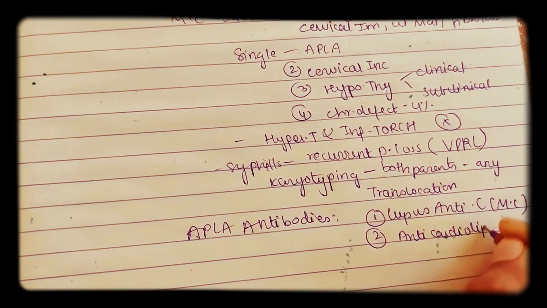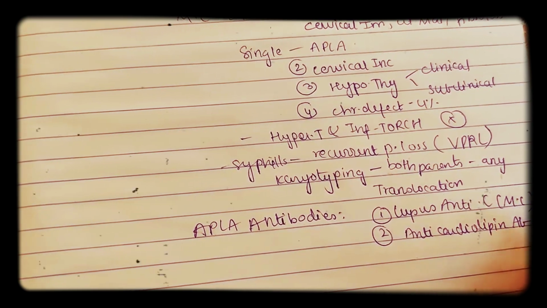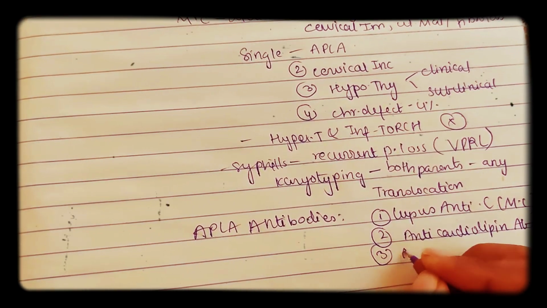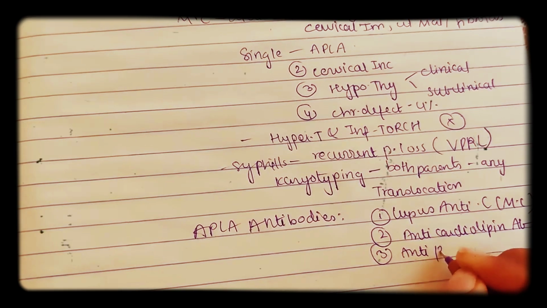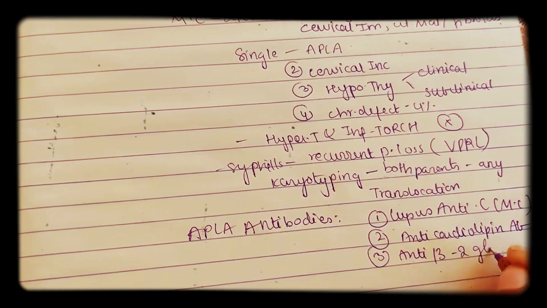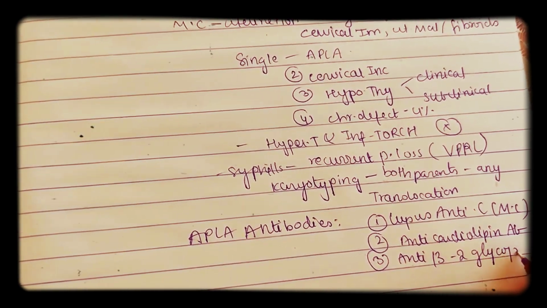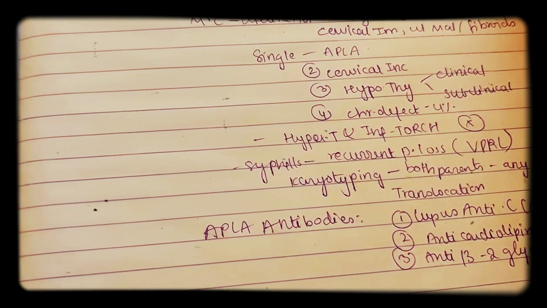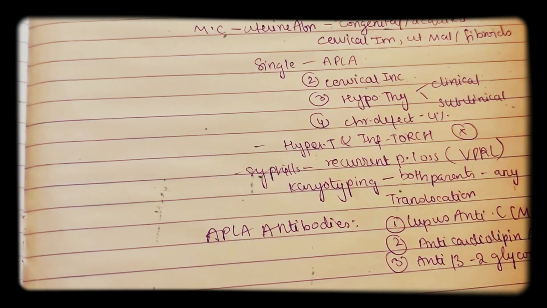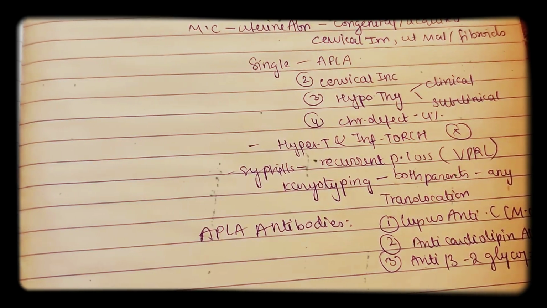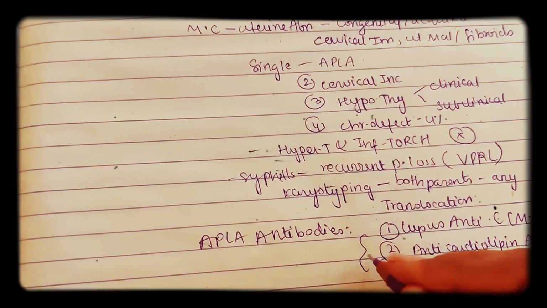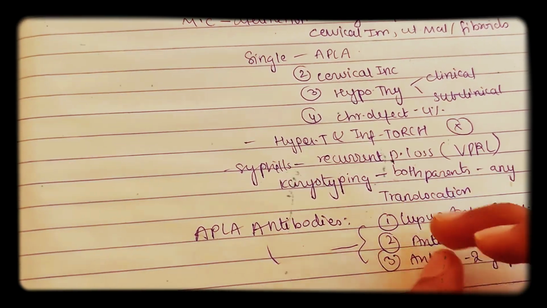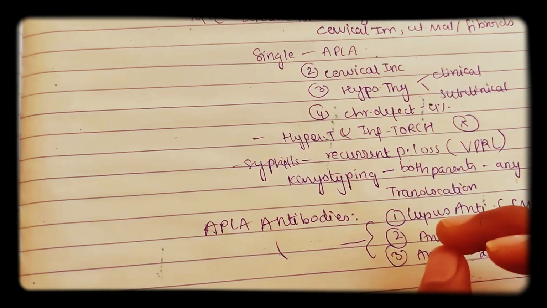And the third one is anti-beta 2 glycoprotein 1 antibody. These are the different antibodies which we need to remember. Presence of any one, along with clinical criteria, gives the diagnosis of APLA. So at least one of these 3 antibodies should be present.